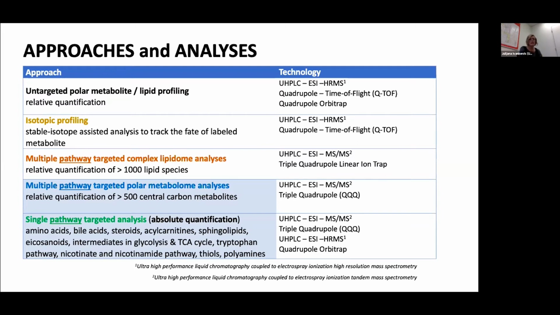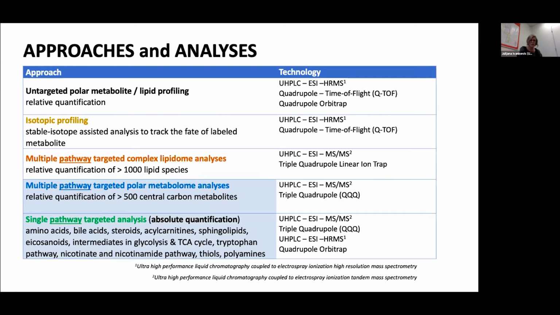Today, we are proud to have set up two methods: one for multiple pathway targeted analysis of complex lipids, with which we can quantify more than 1,000 different lipid species belonging to 5 to 6 lipid classes. We have a similar method for polar metabolites, with which we can quantify more than 500 polar metabolites involved in central carbon metabolism.